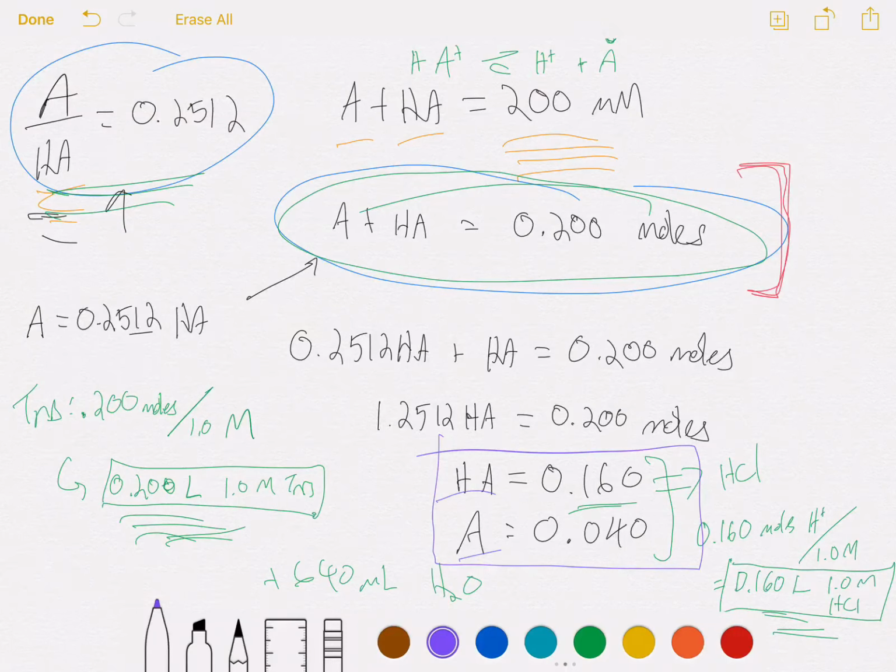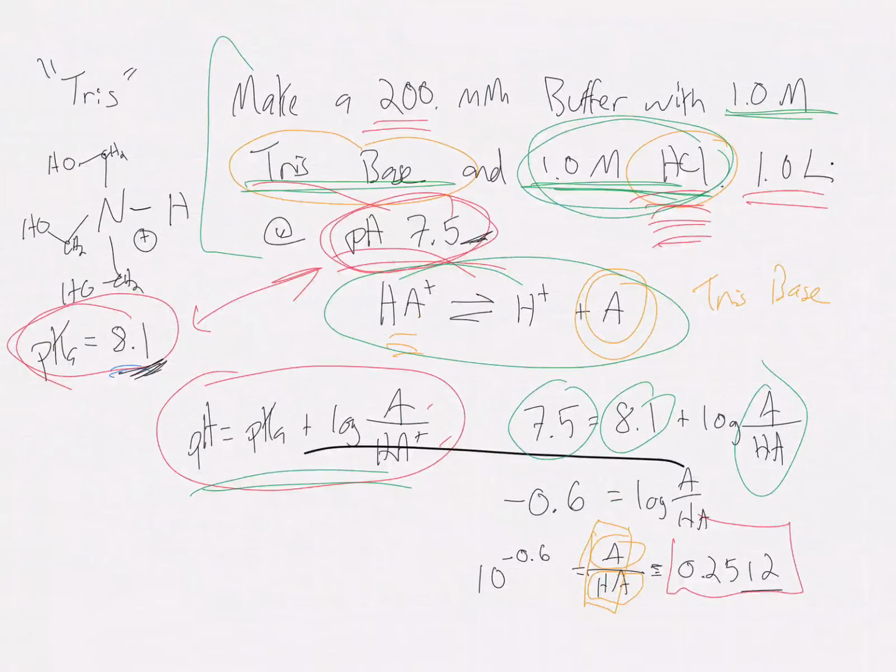So you could have, say, acetic acid and sodium acetate. In this case, I could have given you tris base and tris HCl, which would have been the protonated version of it, and then you would just add these molar quantities from your stock solutions. But in this case, I'm giving you just one molecule, the A molecule, and you can tell that from the way the problem was worded.